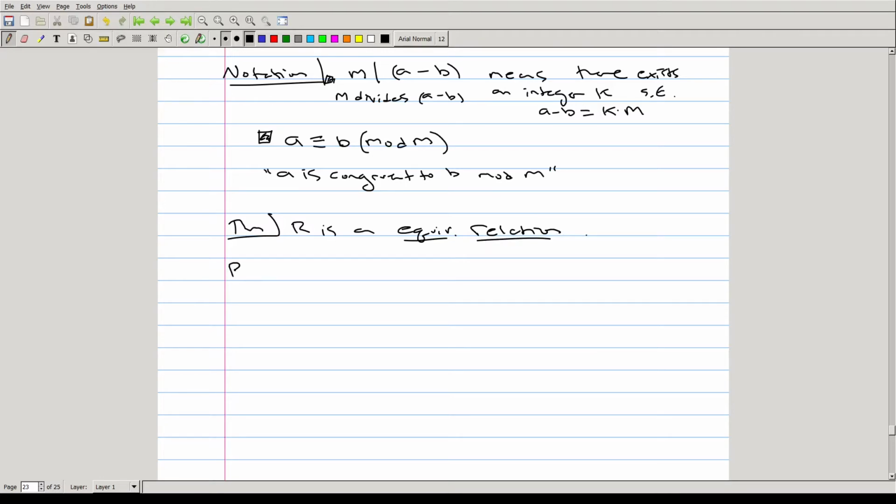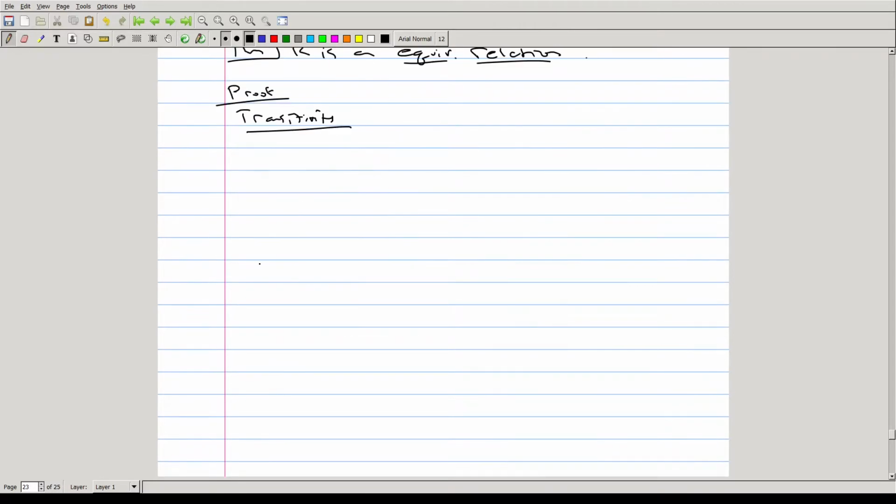And this can be shown relatively simply. I'll probably start with reflexivity, because it's probably the simplest one of the three to prove.